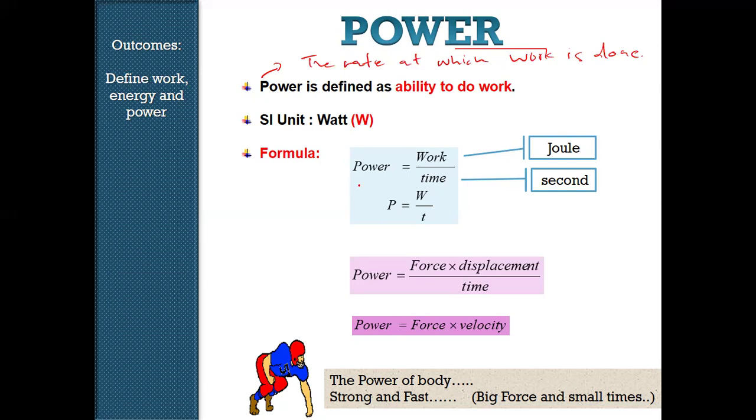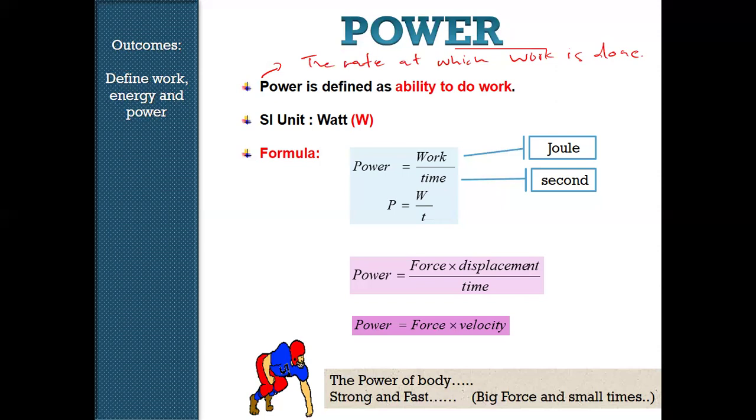Now, the formula that we use to calculate power mathematically is given over here, where we use work and time. Rate simply refers to time, and work simply refers to energy. You can also define it in two different ways.